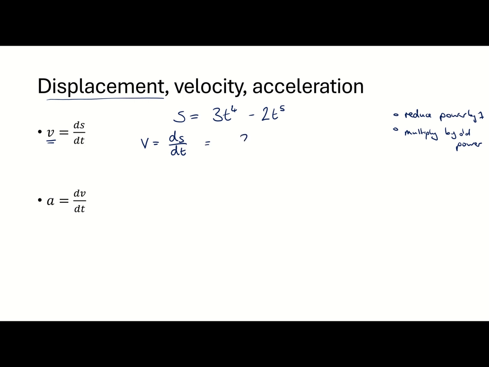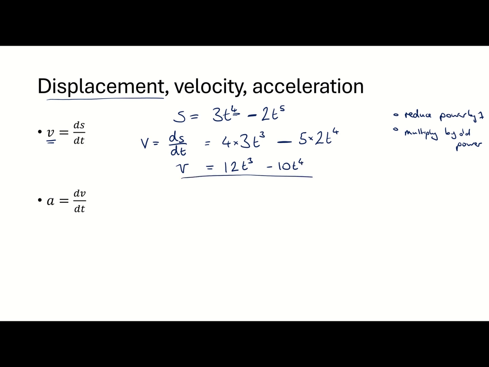So reduce the power by 1, 3t cubed. 4 take away 1 is 3, and then multiply by 4. Let's repeat this with the second term. I've got 2t to the 4 now. Power goes down by 1. Multiply by the old power, so multiply by 5. And I've still put a minus sign here because that's what I had over there. So my velocity is going to look like 12t cubed minus 10t to the power of 4.